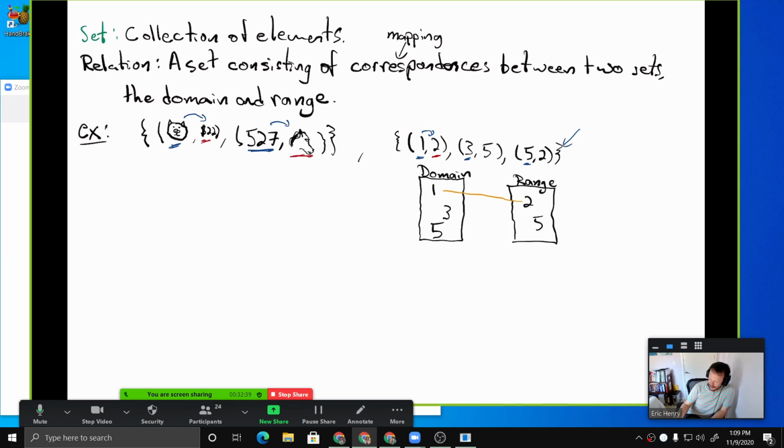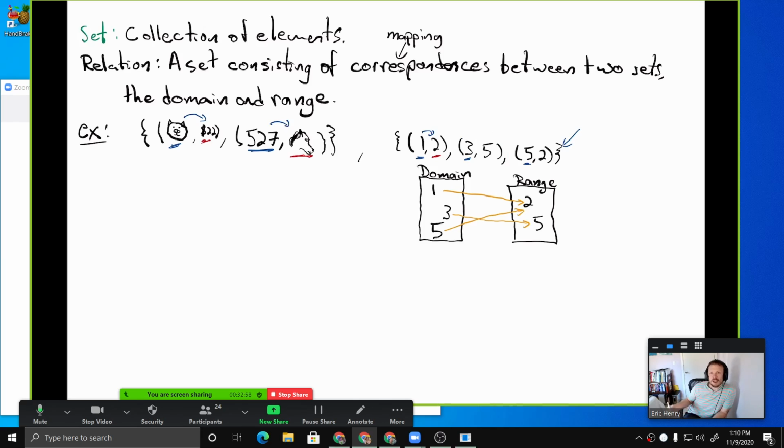right? And then we have the 3, 5. 3 maps to 5. That arrow is also in the relation. That's this right here. And finally, this 5 maps to 2.